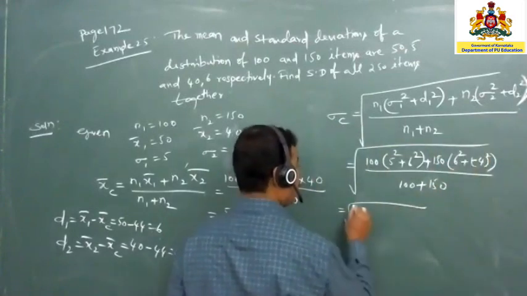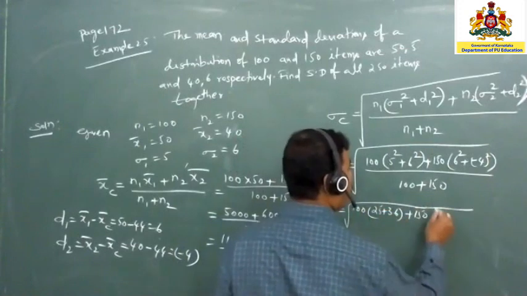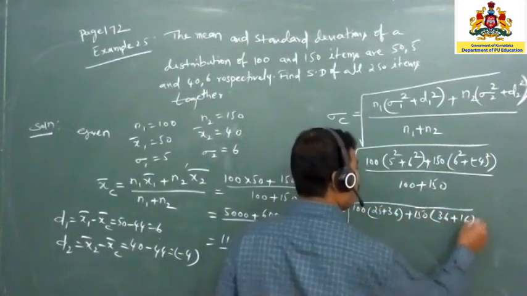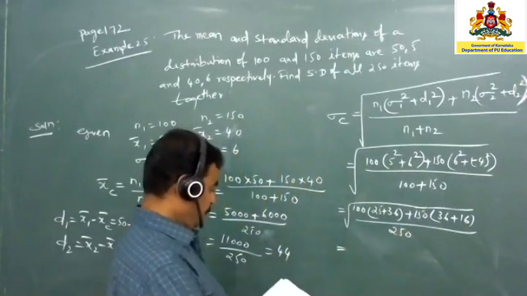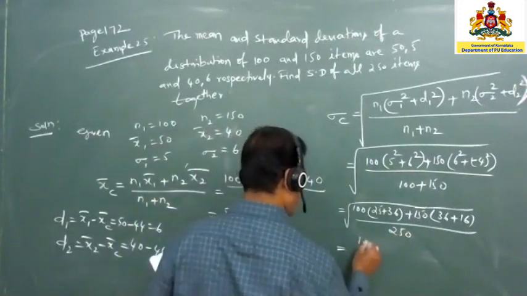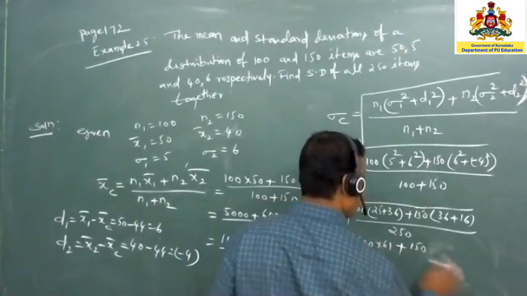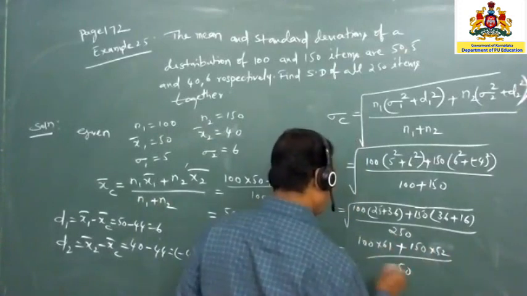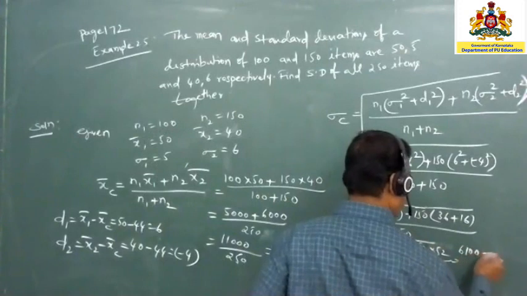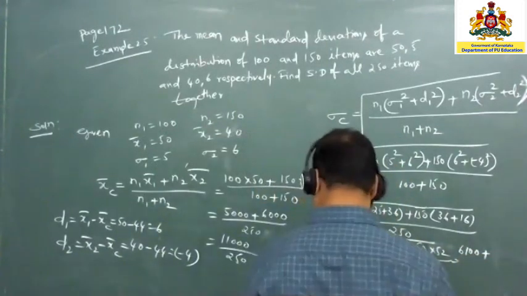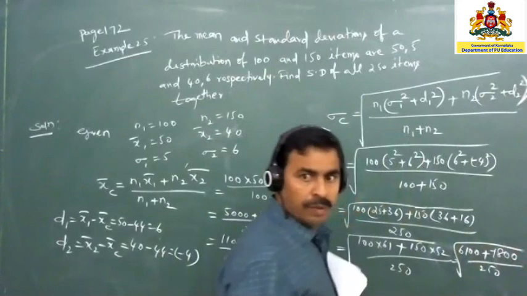Equal to square root of 100 into 25 plus 36 plus 150 into 36 plus 16 by 250, equal to 100 into 61 plus 150 into 52 by 250, which is 6100 plus 7800 by 250, square root.